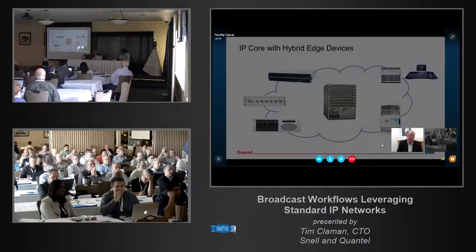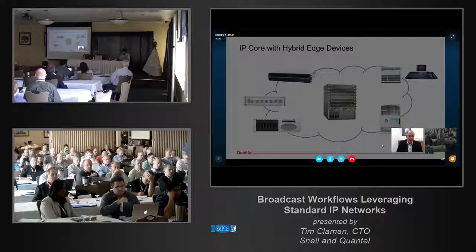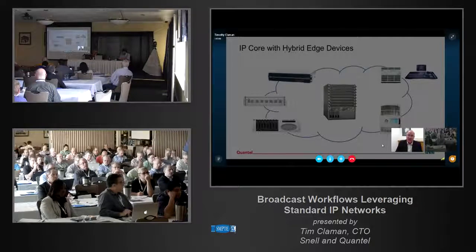So you'd have seen traditional SDI routers, production switchers, modular hardware, playout devices, encoders, decoders, multi-viewers, all that stuff, sprouting IP interfaces so they can now talk both SDI and IP. And the second category of announcements is IP native gear. In some cases, that's just presented as software that runs on COTS hardware with just an IP interface and no SDI capability. But all of these devices are connecting and coexisting on a common fabric.